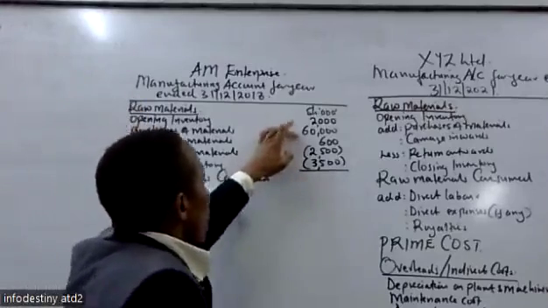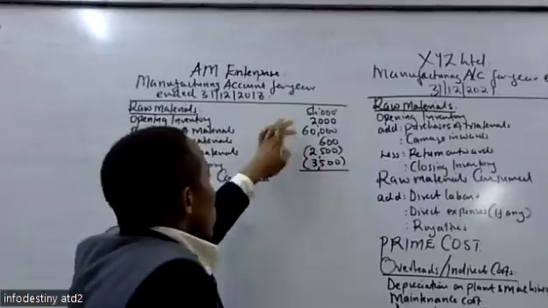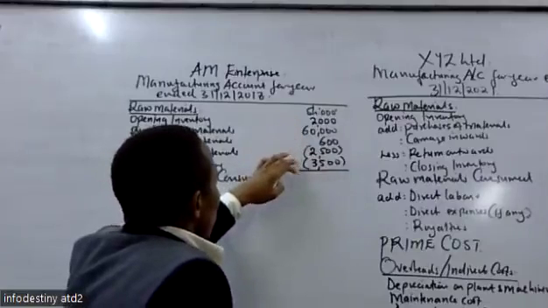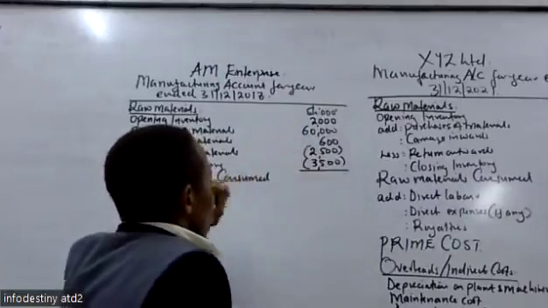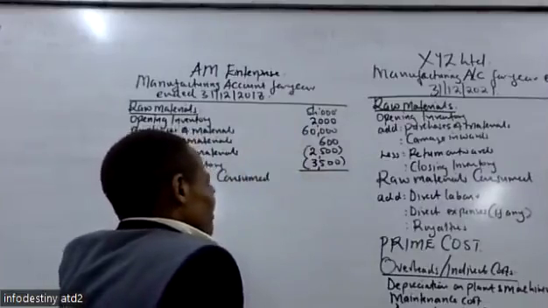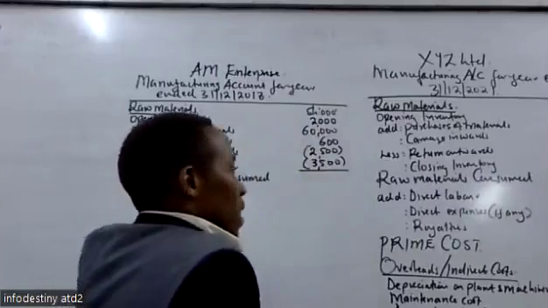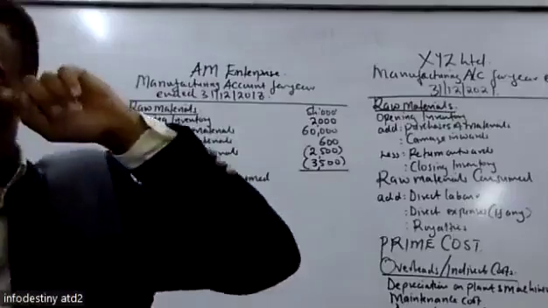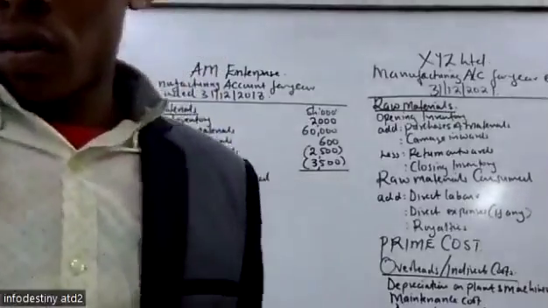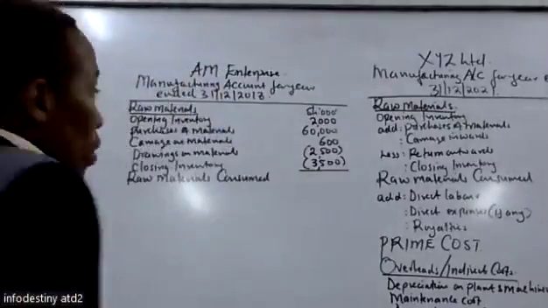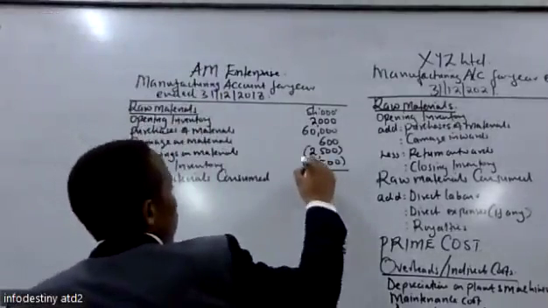This is 62,600. Then this is 6,000. So that will give us how much? 56,600. That's all. Confirm those figures. 56,600.